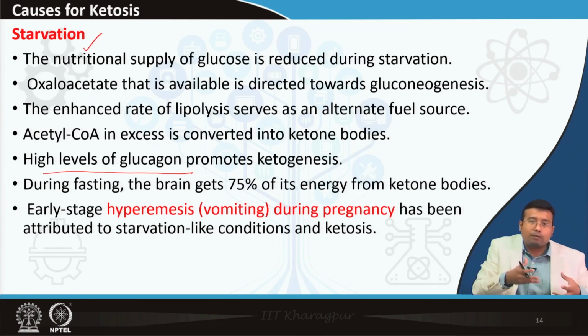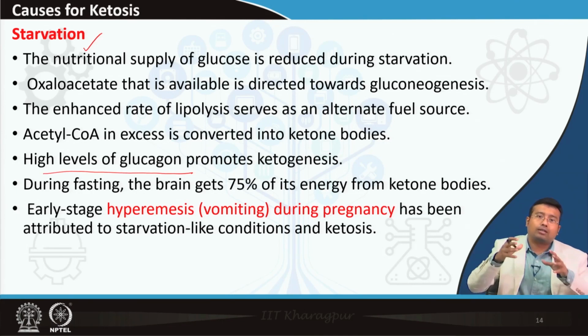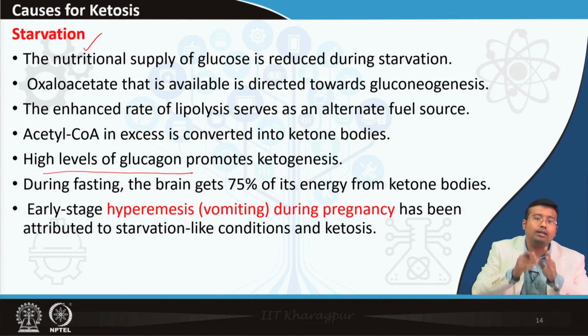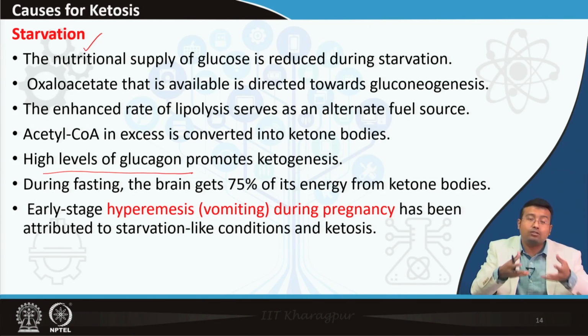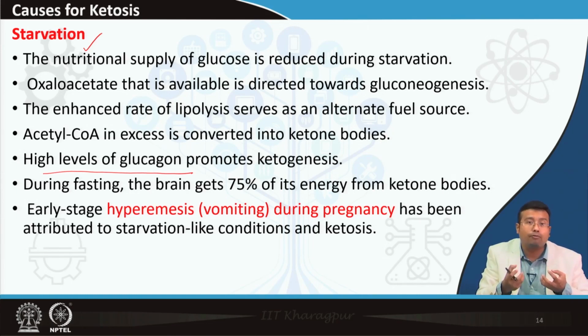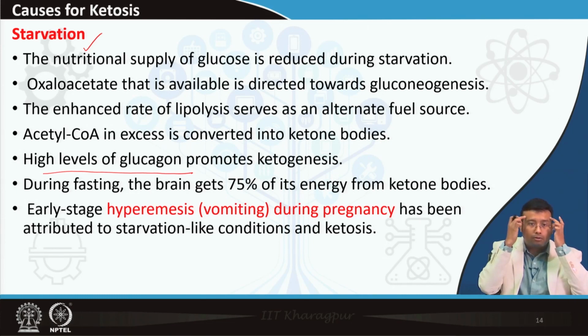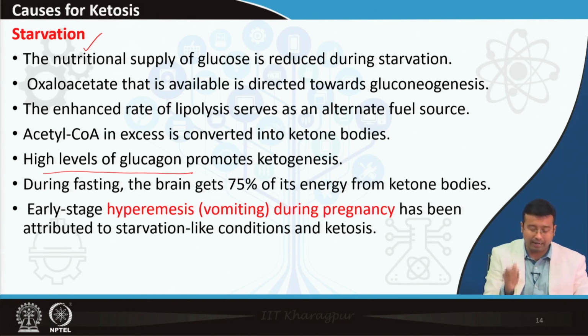So, the metabolic pathway is triggered in such a way that the acetyl CoA is only directed towards ketone body synthesis, and that is further triggered by presence of high level of glucagon. Anyway, initially we do not need to bother, as I told you, because the main requirement of glucose in our body is to make sure the brain is functioning. The brain can get 75% of its energy from ketone body.